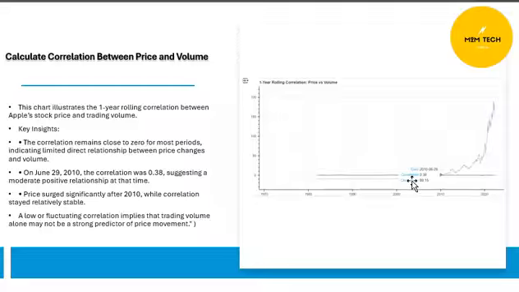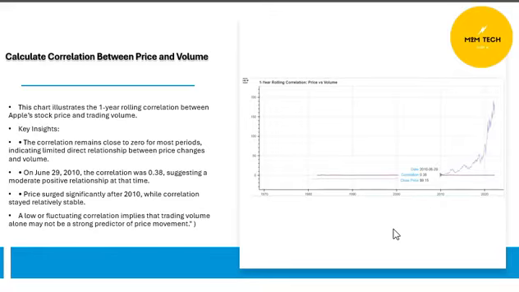I put hover tools on as well. Every time the mouse moves, this automatically shows up for a specific date: the price and volume correlation percentage, and also that day's close price.